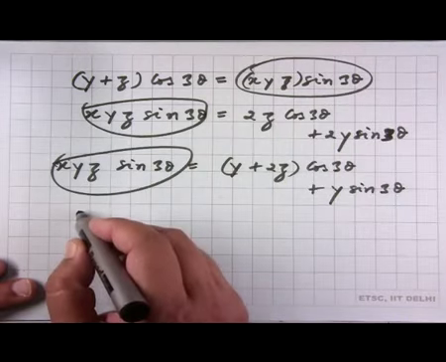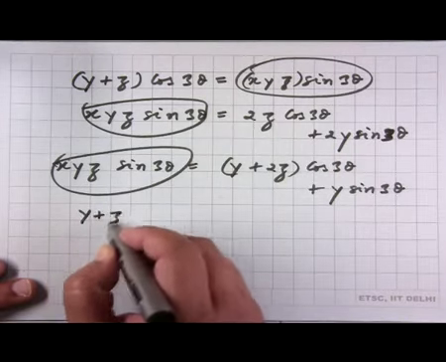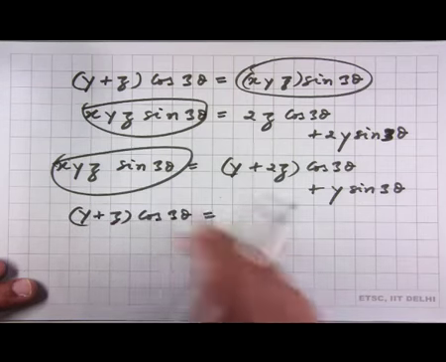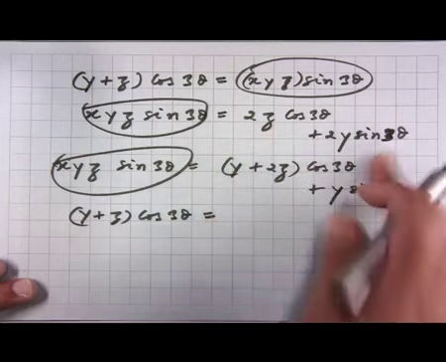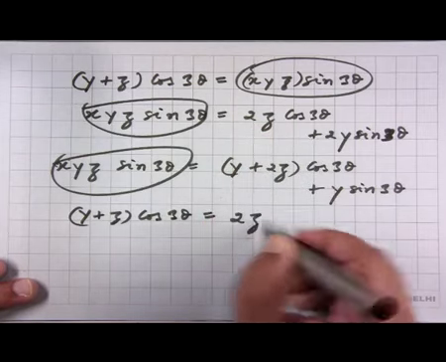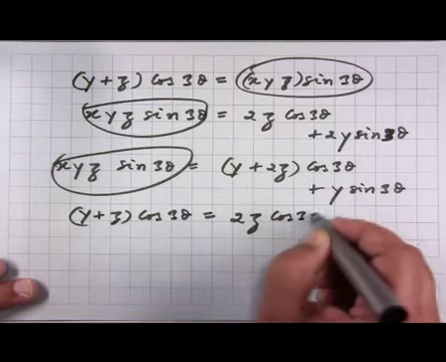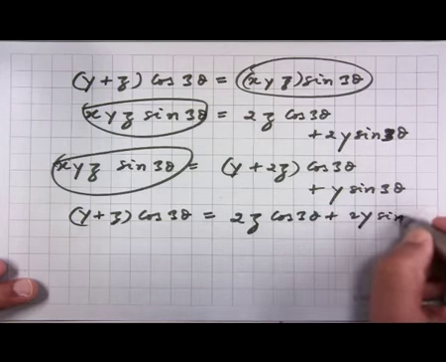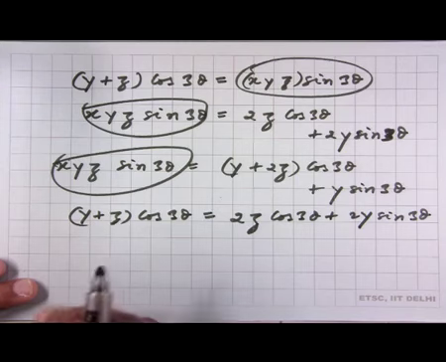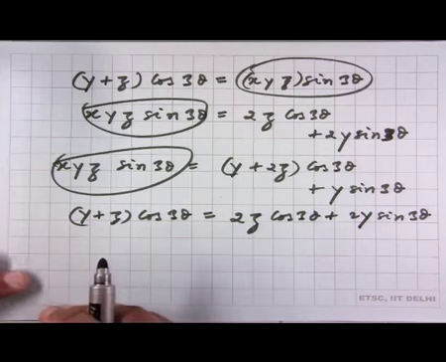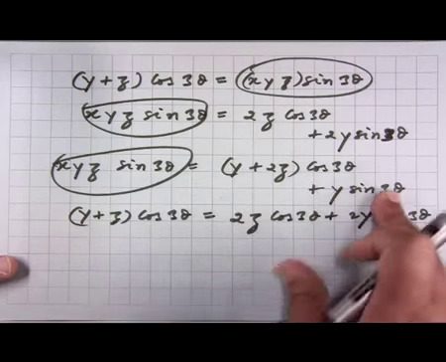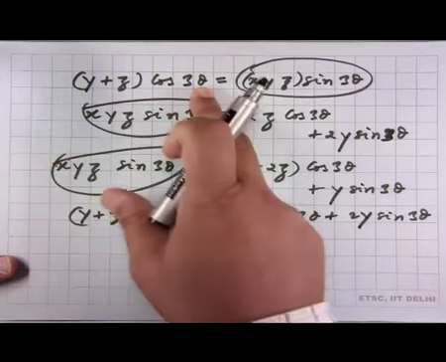The first equation is y plus z into cos 3 theta equals, so this obviously has to be equal to this, which is 2z cos 3 theta plus 2y sine 3 theta. And then the second equation that we have is that this quantity here should also be equal to y plus z into cos 3 theta.